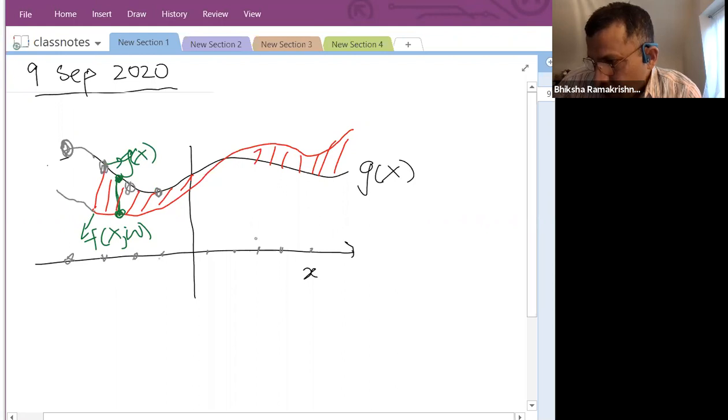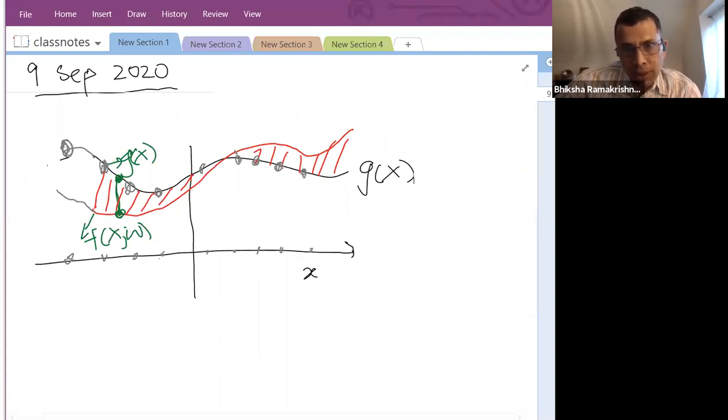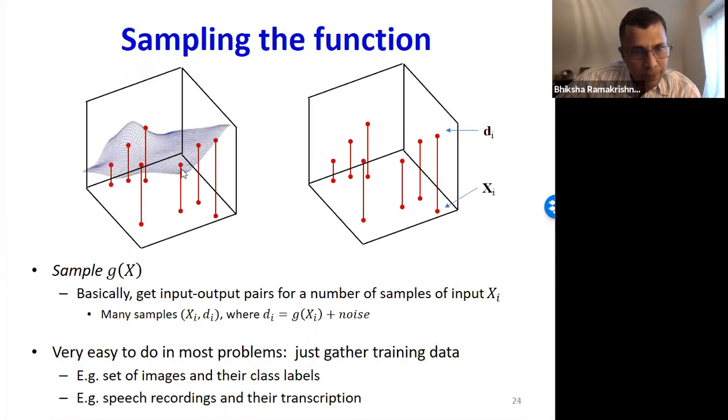So we wanted this at every X, but instead we are just sampling the function at a certain number of locations. Those dots represent the samples. These are what we will call our training samples.